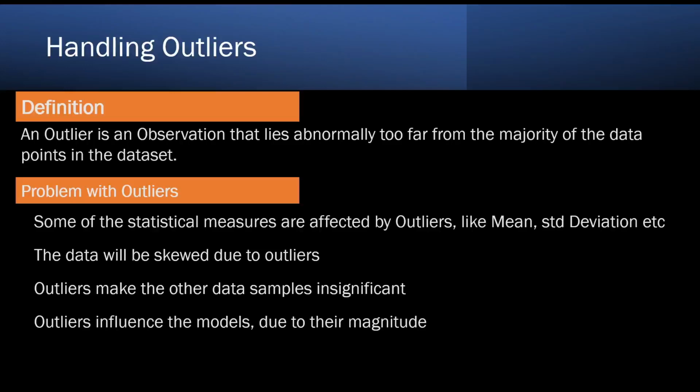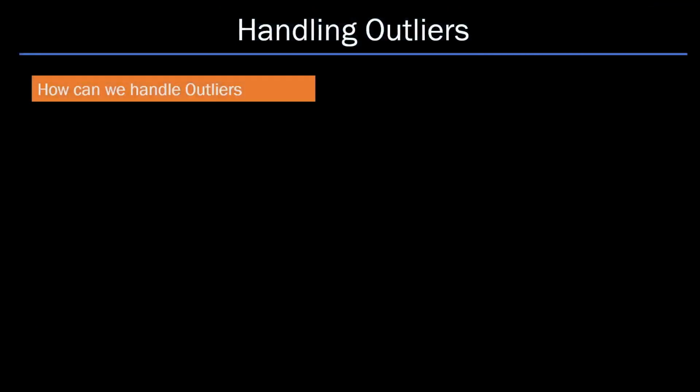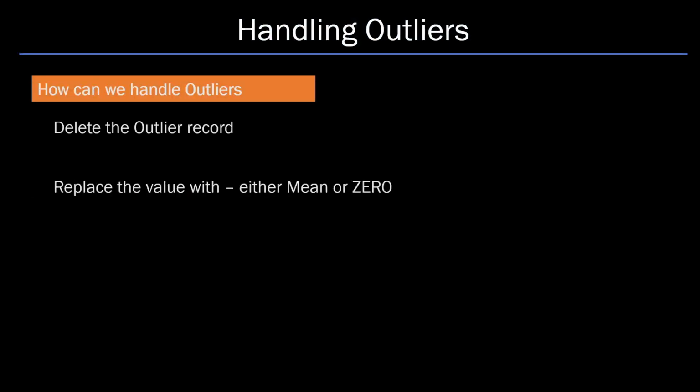So let's find out what the ways to handle outliers are. There are multiple ways of doing it. The first way is to just delete that record. It's easy: find an outlier, remove the entire record. Another way is to take the value of an outlier and replace it with either 0 or mean or none or something like that.